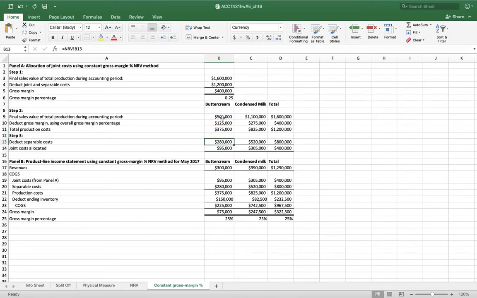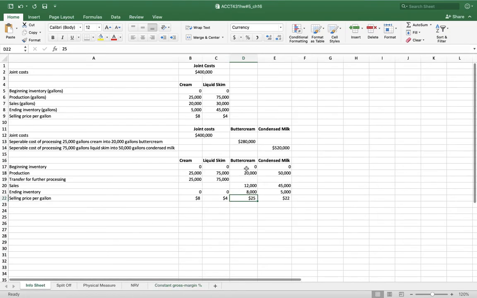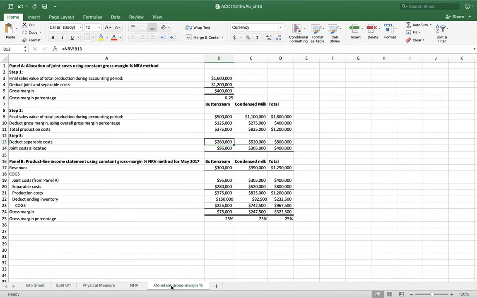In step 3, the separable costs, you're going to deduct those, and they were given on the info sheet, so 280,000 right here. And then once you subtract the separable cost from the total production cost, you get the joint cost allocated for this problem, or for buttercream.